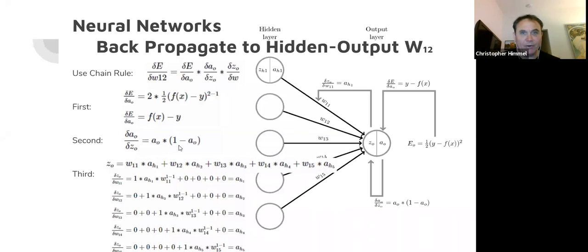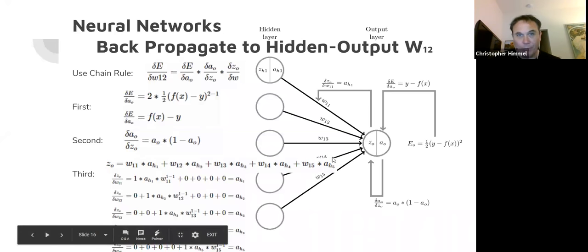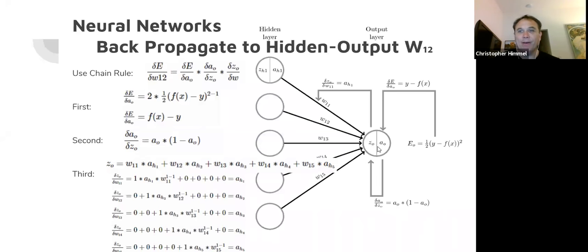So another derivative that we want to look at is the partial of A0 to Z0. This will be the derivative of that activation function, 1 over 1 plus e to the minus x. Well, it turns out what that is is a times 1 minus a.